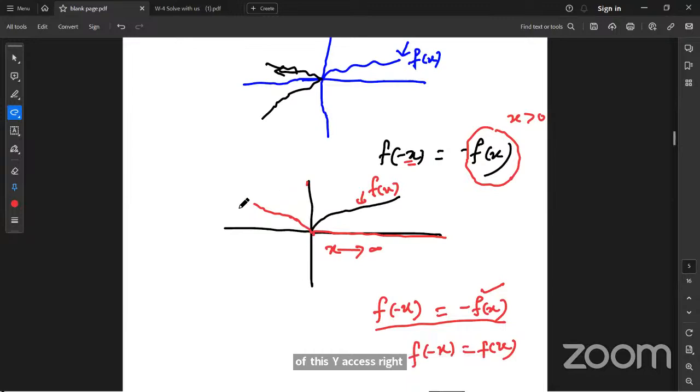It will look like this, exactly the mirror image in the y-axis. Now I am saying just take the negative portion. So what will be the negative portion? The mirror image in the x-axis.